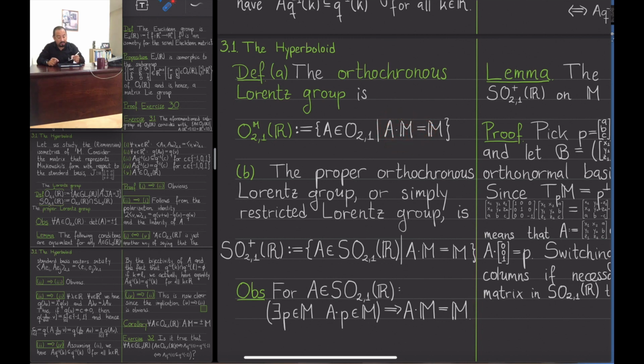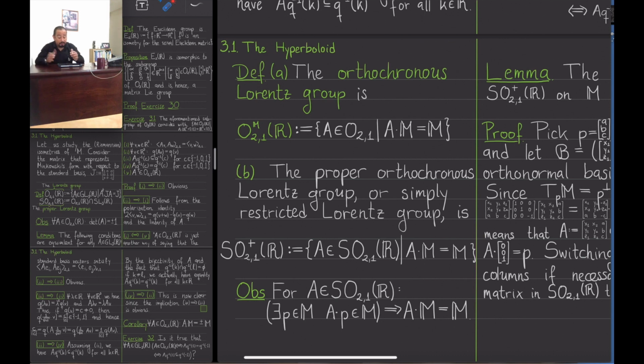Okay, and similarly, for instance, consider the 180 degrees rotation along the x-axis. That one has determinant 1 and sends M into -M, right? So it has determinant +1, but it does not belong to O21 plus.